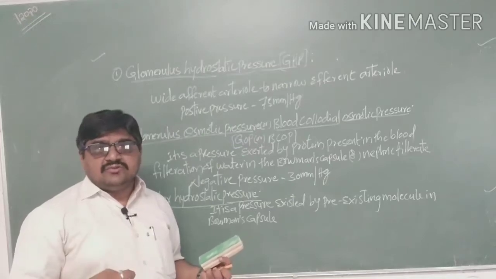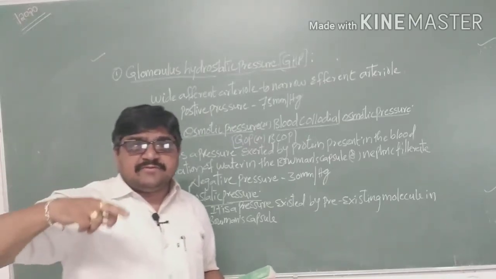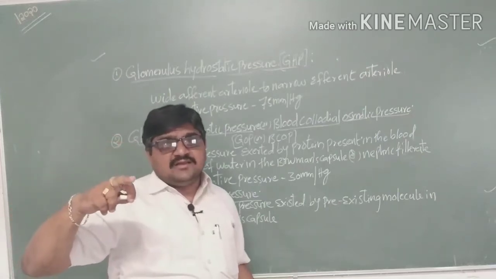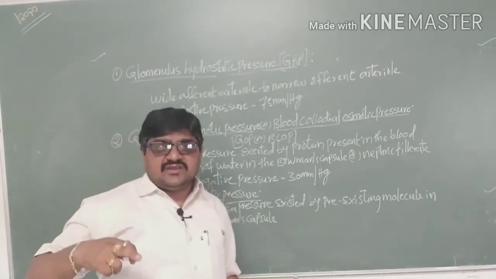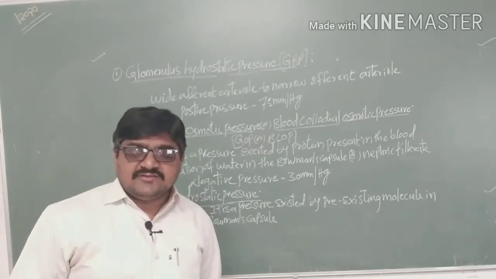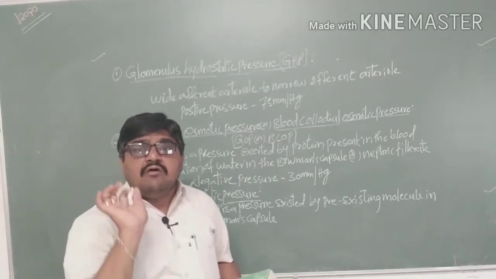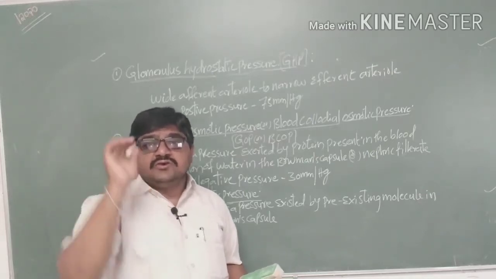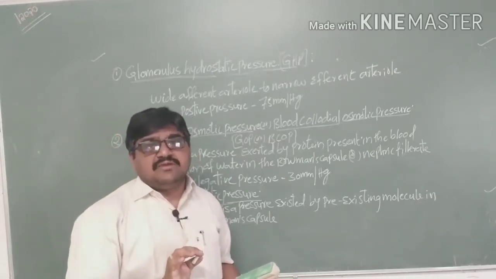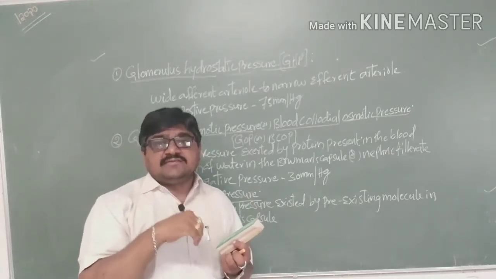In the Bowman's capsule, the space present between the two layers, the parietal as well as the visceral layer, is called the capsular space. This capsular space opposes new molecules entering the Bowman's capsule. That means it does not allow new molecules into the capsular space.